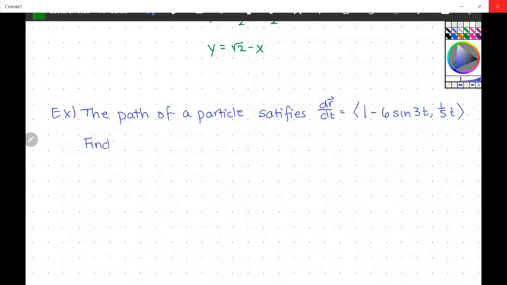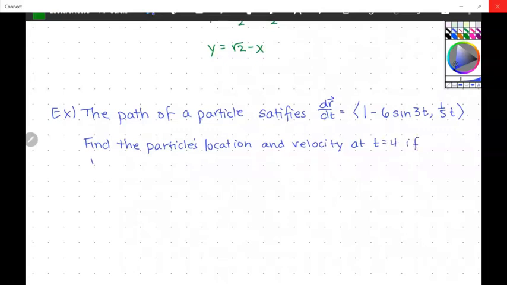There's two parts to this. Find the particle's location and velocity. This is the one that I wanted to be at t equals 4. If r of 0 equals 4, 1.